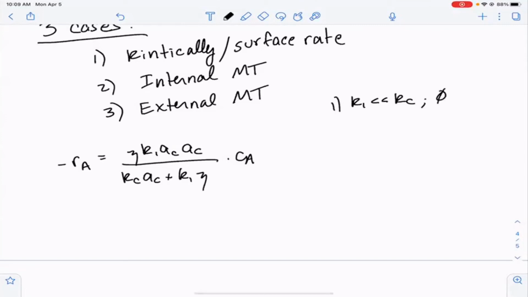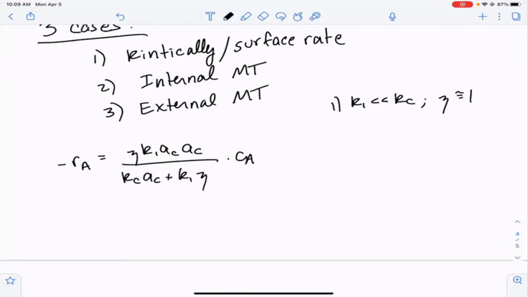So that would mean that the Thiele modulus is small, or a different way to think about this that might make sense is that our internal effectiveness factor is equal to 1, right? That the concentration inside the particle is about the same as whatever the concentration on the surface is.